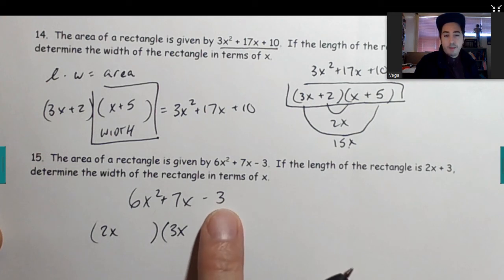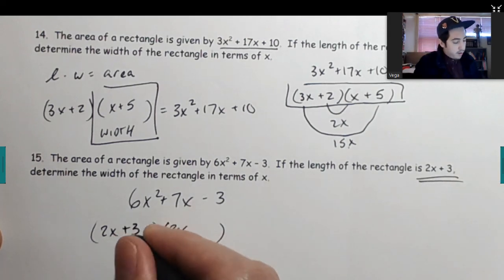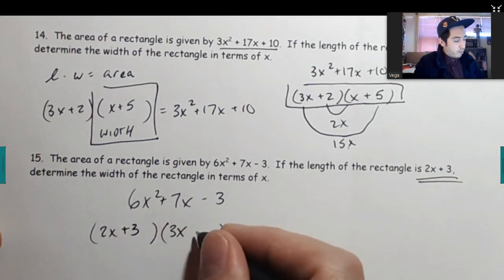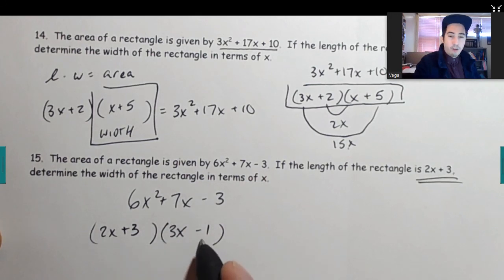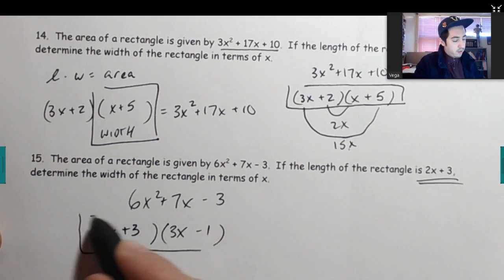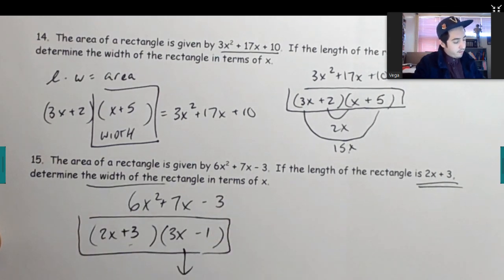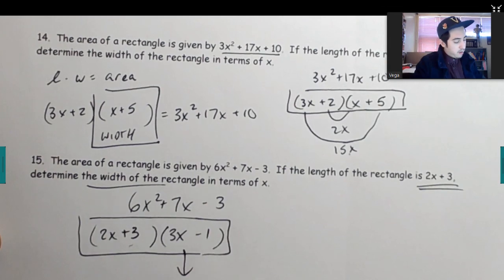One is negative, one is positive. And I know one of them is 2x plus 3. So then the other one has to be minus 1, because 3 times negative 1 is negative 3. So what is the width here? That's the width.